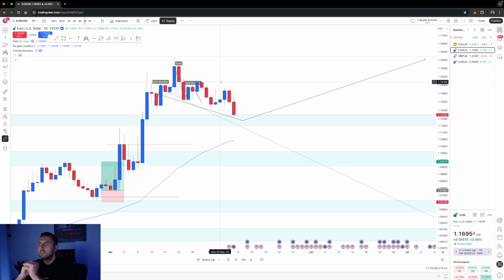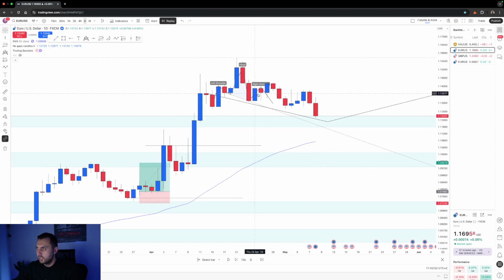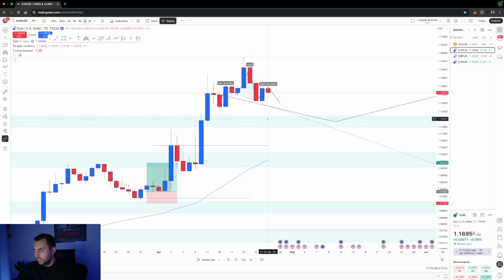So this is something that made me lose a lot of money in the past, because, for example, here we can see the left shoulder, the head, and the right shoulder. And usually and most of the time I was anticipating the right shoulder, and I was expecting from here to get down.